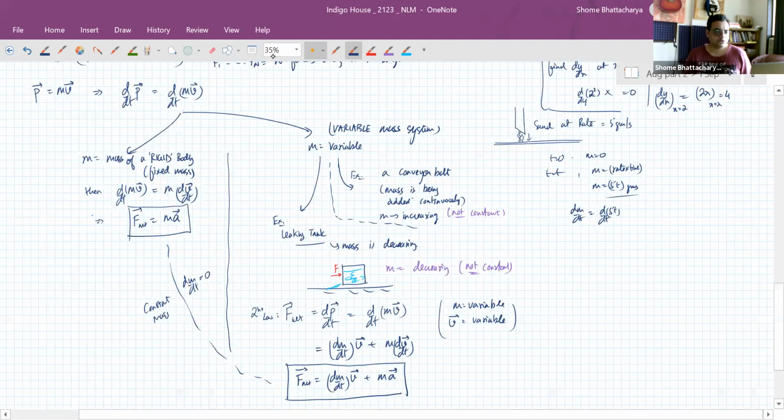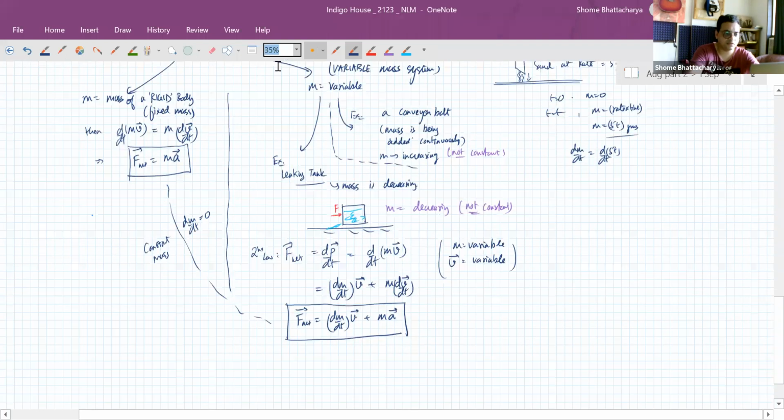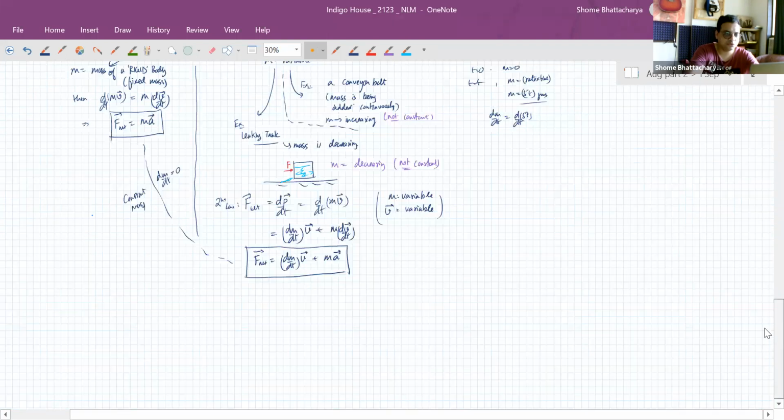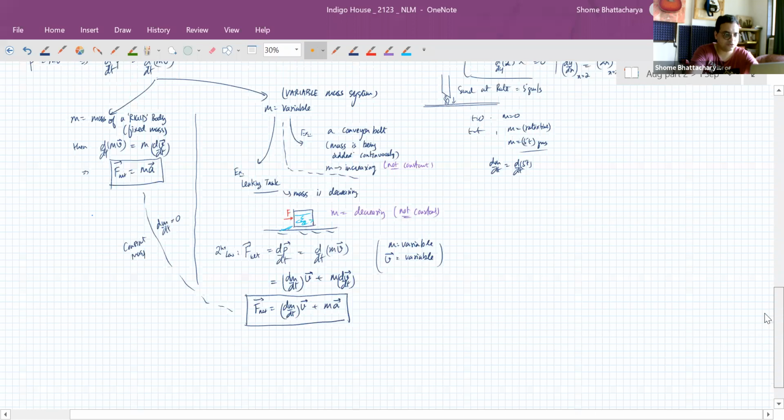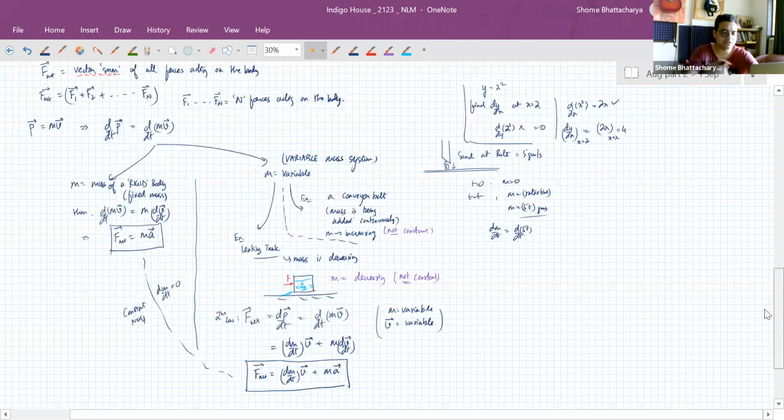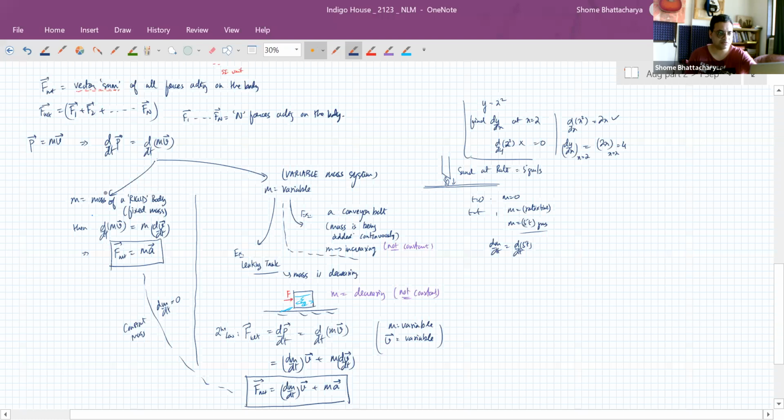Okay, so just do a quick roundup of this part. Jot down some of the equations if you like, or you can make the notes, but make sure you understand that there are these two separate cases, variable mass system and fixed mass system. So in fixed mass case, Newton's second law becomes like this. In variable mass case, it is a little bit more complicated. This we'll be doing in another chapter.